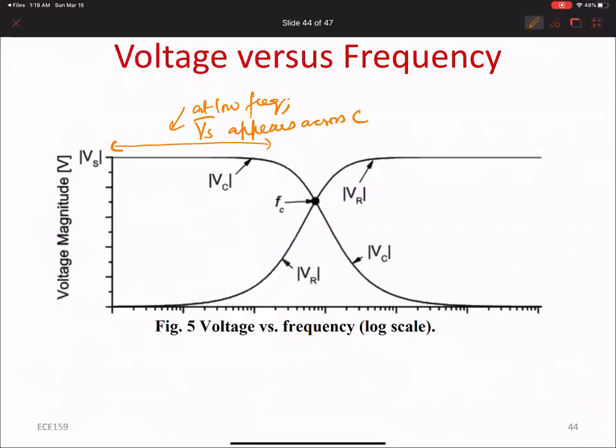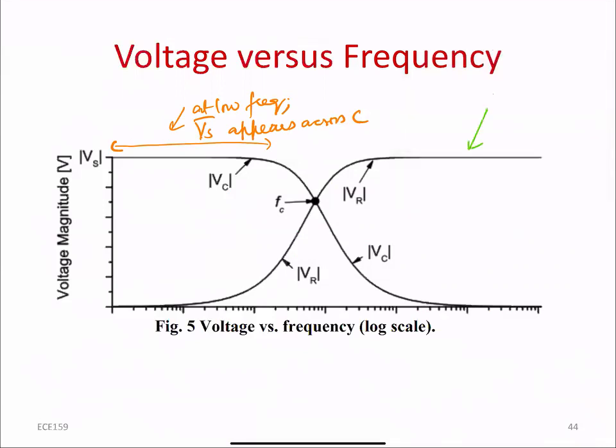However, at high frequencies, the input voltage Vs appears across the resistor. And this middle point is your cutoff frequency. This is the frequency scale, or the log scale, on the x-axis, and this is the y scale, which is the voltage magnitude.